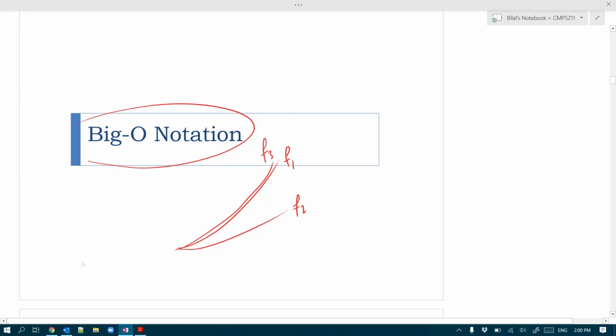With the notion of one function dominating the other, the other one is dominated by it, so we have a dual notation for these two facts. Sometimes we can just prove that this one is much slower than that one; sometimes you can prove the inverse. So we have three different notations. One is called the big O notation. Here we can say that F2 is in the big O of F1, meaning it is dominated by F1.